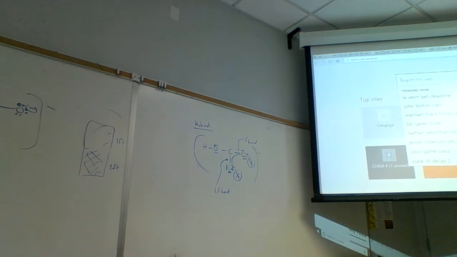Lewis structures, this is what we call quantum mechanics light. It's not the full version of quantum mechanics. If we do the full version of quantum mechanics, it's called molecular orbital theory.